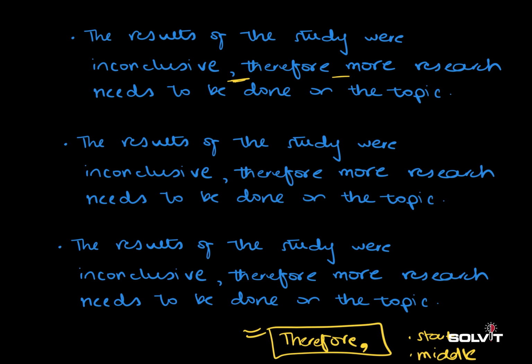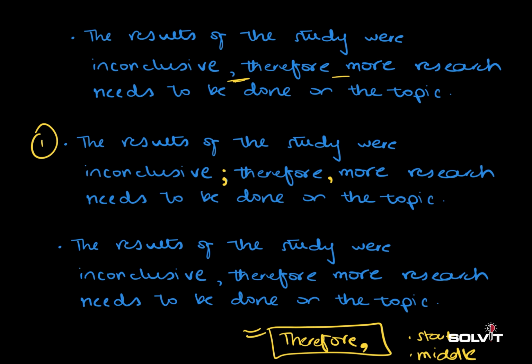Now, how can we fix this sentence? The results of the study were inconclusive. How about I make this a semicolon instead of a comma, and I add a comma over here. Okay, so that is one way of fixing this. The results of the study were inconclusive, semicolon, therefore, comma, more research needs to be done on the topic. Now, what did we do?